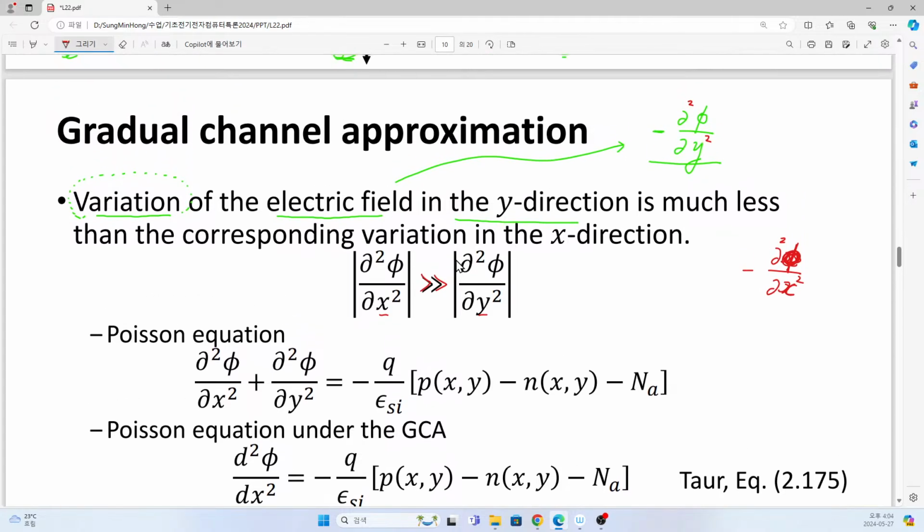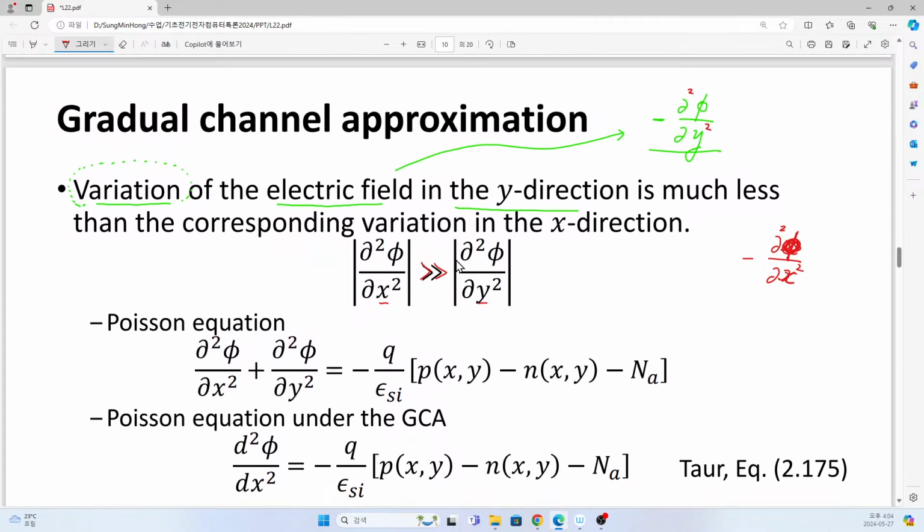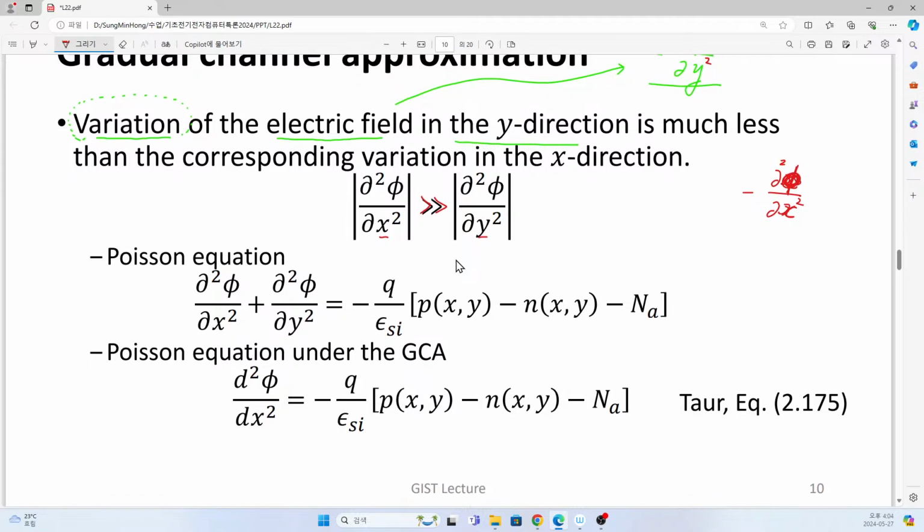Why do we have to introduce this approximation? In our original Poisson equation, we must consider this form. Here we have the second derivative with respect to x and the second derivative with respect to y. Of course, we must consider the z-directional one too, but as I told you before, due to the assumed uniformity, that doesn't appear here.